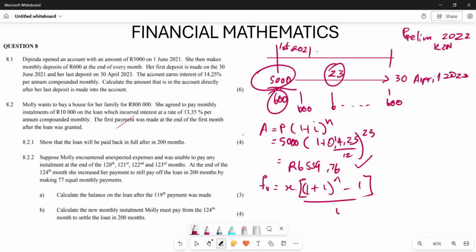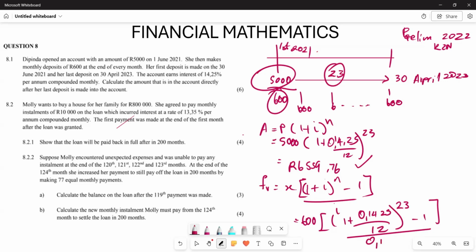Now, what are you going to have here? Remember, this is the 600 that you are calculating. This is going to be 1 plus the interest that is added here, which is 0,1425 over 12, to the power of 23, subtract 1, over 0,1425 over 12.